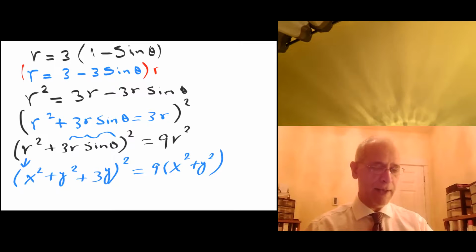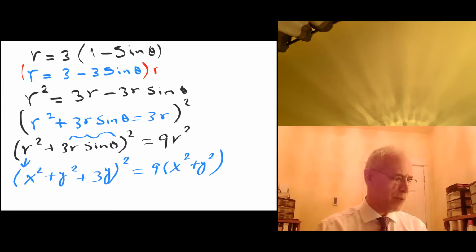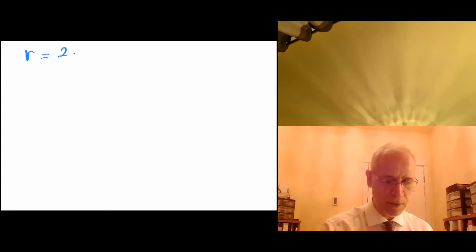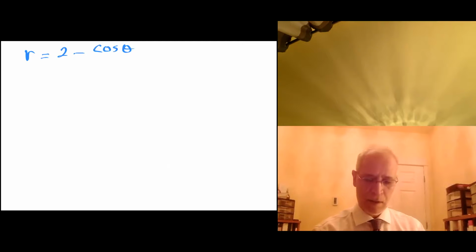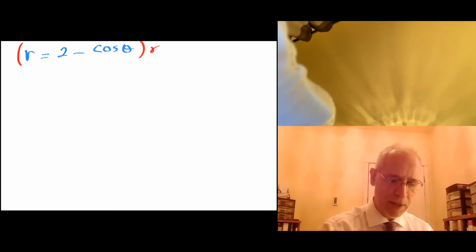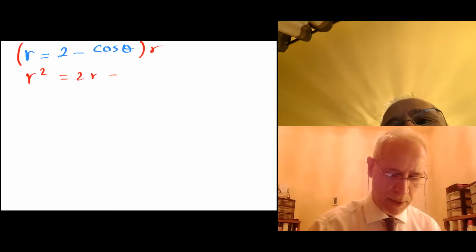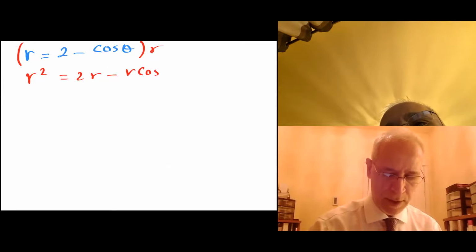Let's do another one from your textbook. How about r equals 2 minus cosine of theta. Multiply both sides of this by r. That gives me r squared equals 2r minus r cosine of theta.